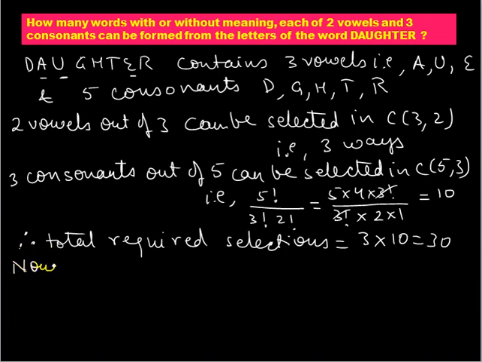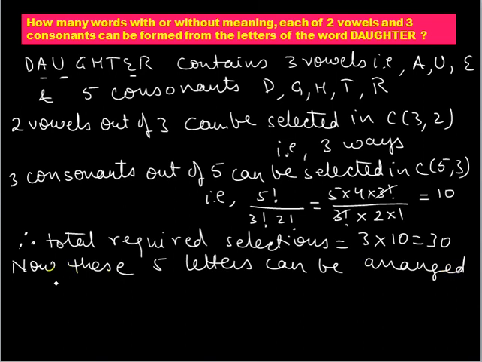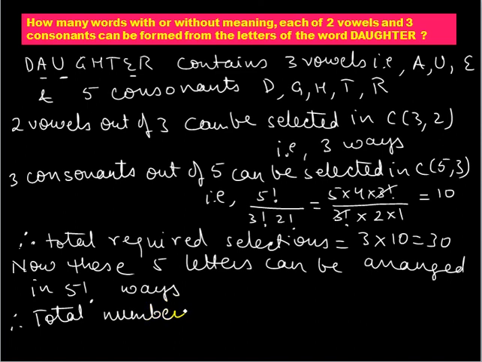Now these 5 letters can be arranged in 5 factorial ways. So first selection is taking place and then the selected letters are getting arranged. So because we have to mention how many words can be made, therefore total number of required words, that will be, see, two things are taking place here simultaneously.